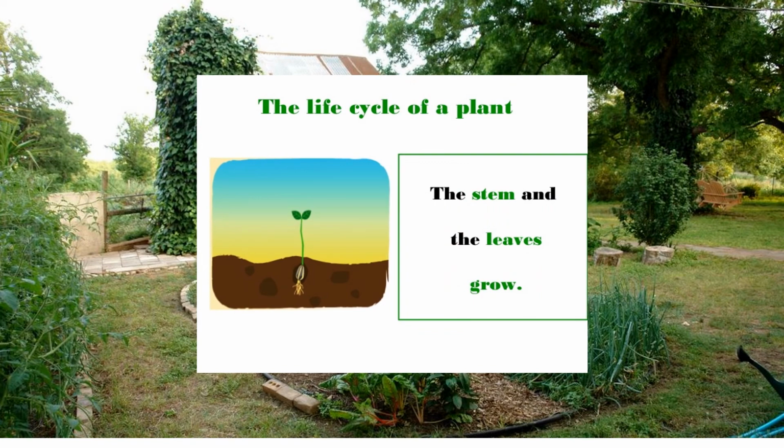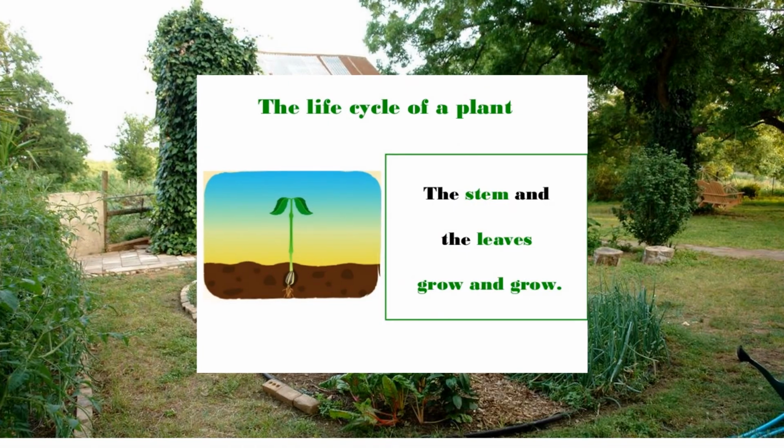The stem and the leaves grow. Look at this. It has a stem and it has leaves. The stem and the leaves grow and grow. That plant is really getting tall, isn't it?